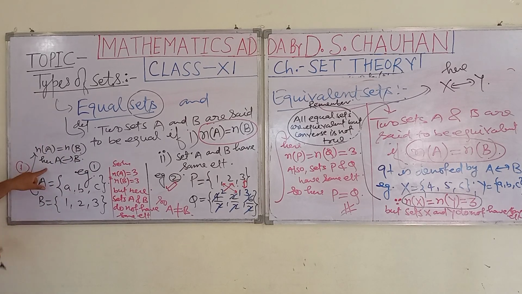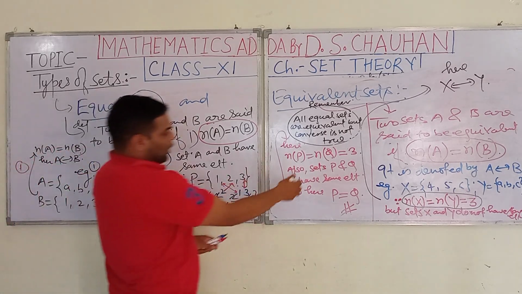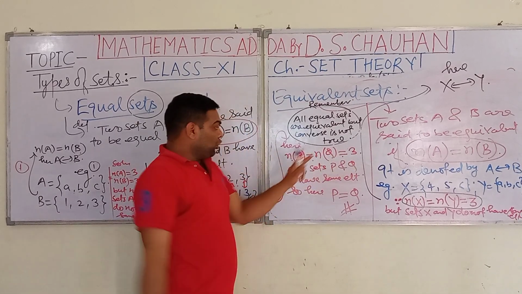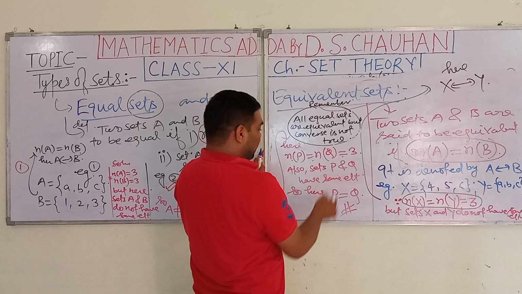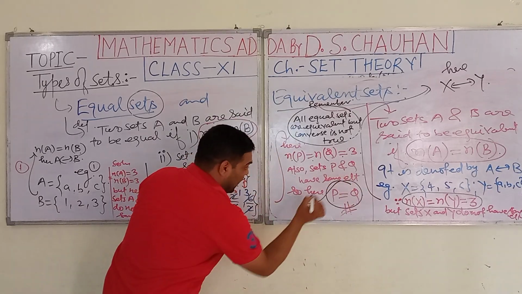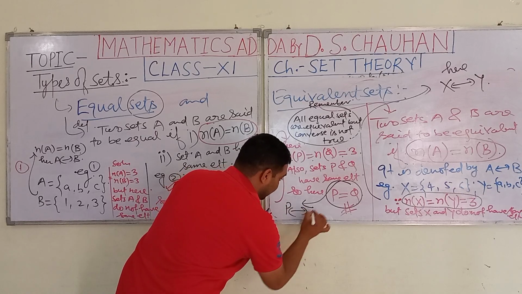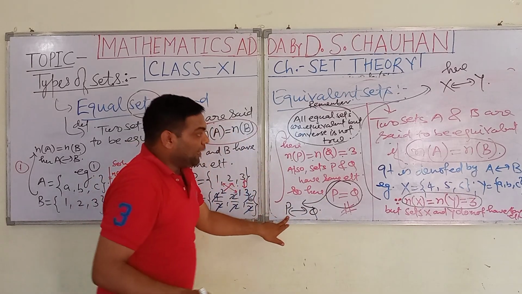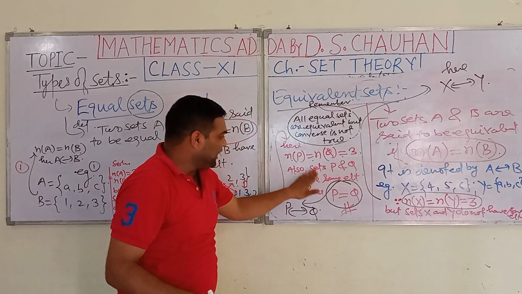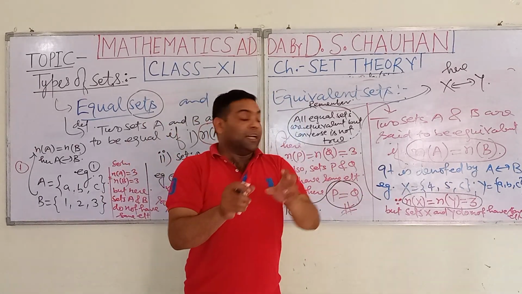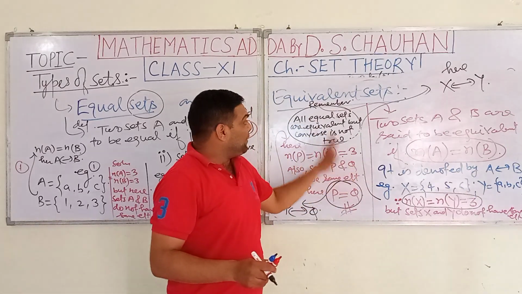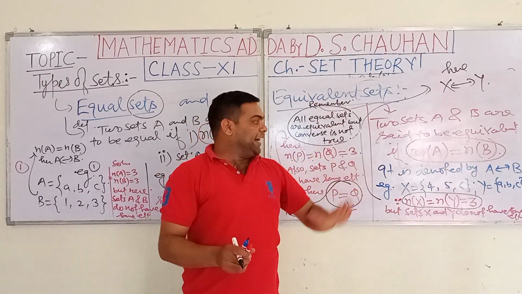Well students, now look at this example. Here n(A) equals n(B). This is also an example of equivalent sets. So here A is equivalent to B but not equal. Here you are looking that n(P) equals n(Q), so this tells us that P and Q being equal, they are also equivalent.